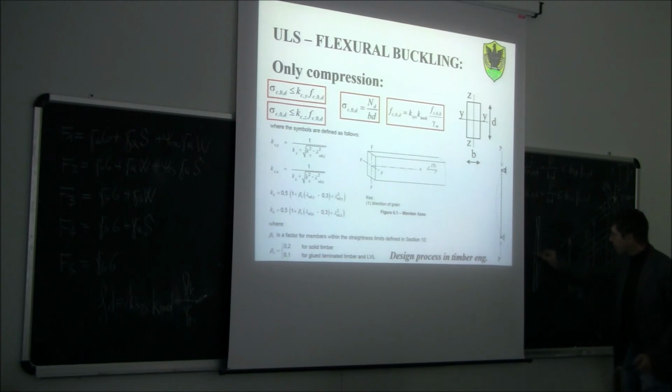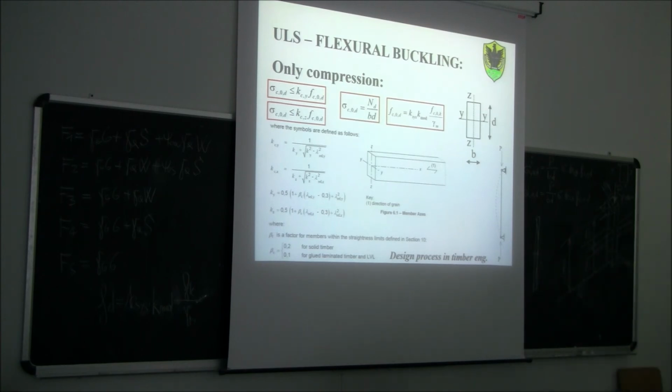The small curvature, due to the production, due to cutting the wood and so on, depends on the type of material. It's smaller for engineering wood products like glulam and LVL, where this beta is 0.1, and higher for solid timber, 0.2, because it's a natural material that has more defects inside.